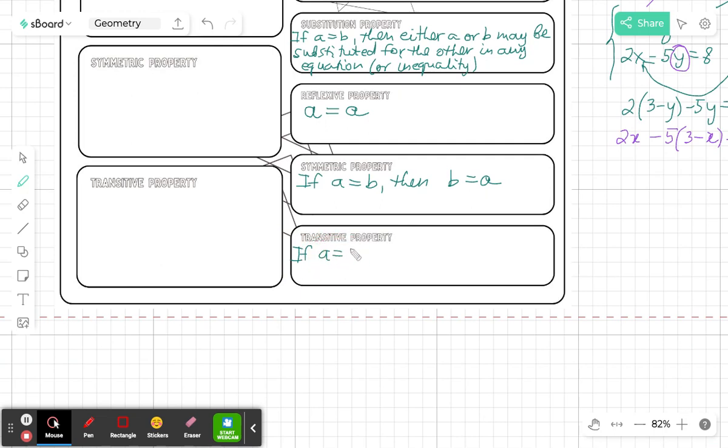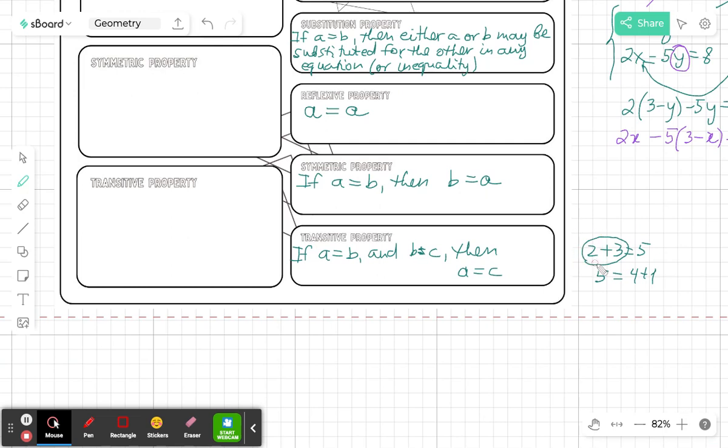And transitive property is another one that we use often. If A equals B and B equals C, then we can say that A equals C, right? Also makes sense. If I say 2 plus 3 equals 5, and I know that 5 equals 4 plus 1, so this one is a little tricky.